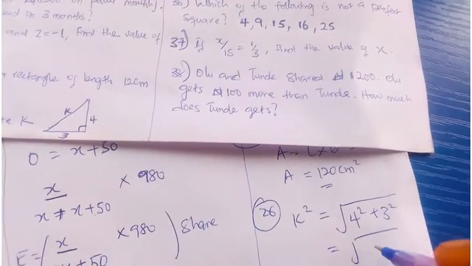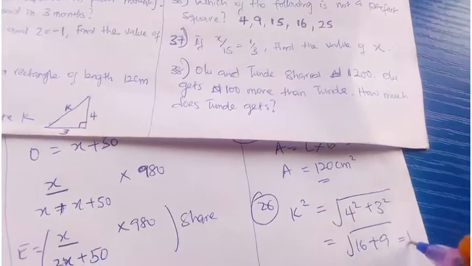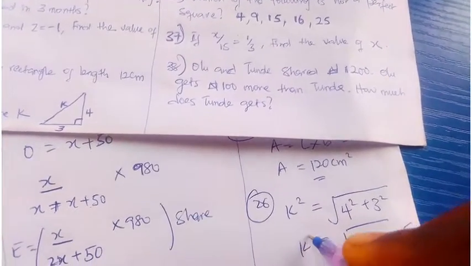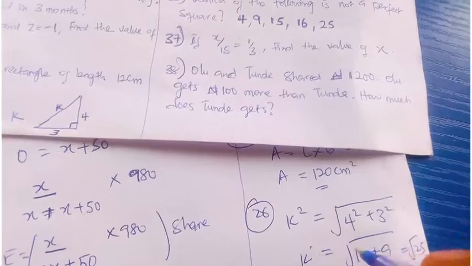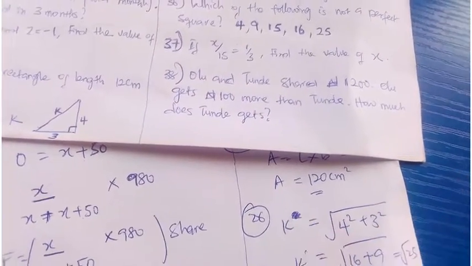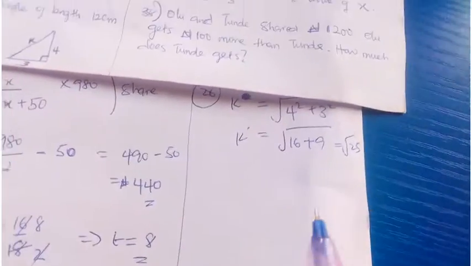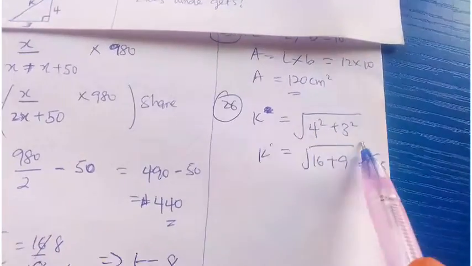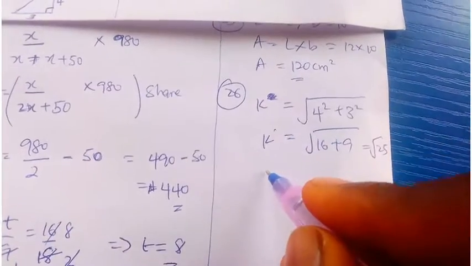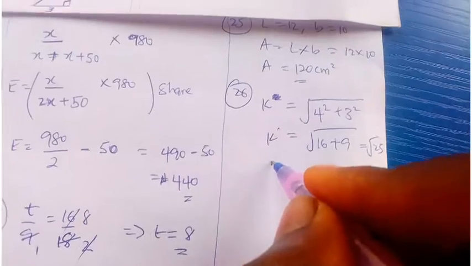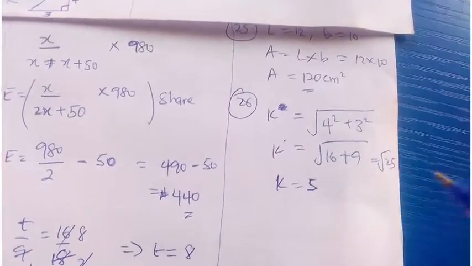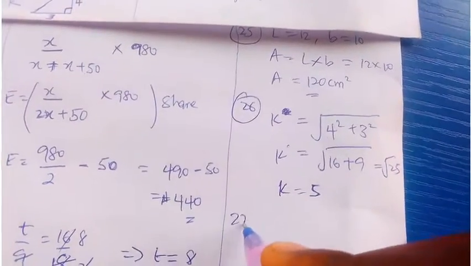This becomes 16 plus 9, which is 25. So k squared equals the sum of the individual squares of 4 and 3. So k becomes 5, because the square root of 25 is 5.